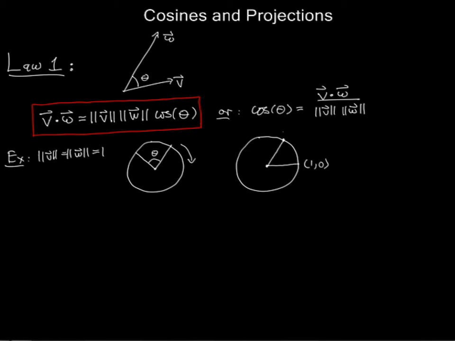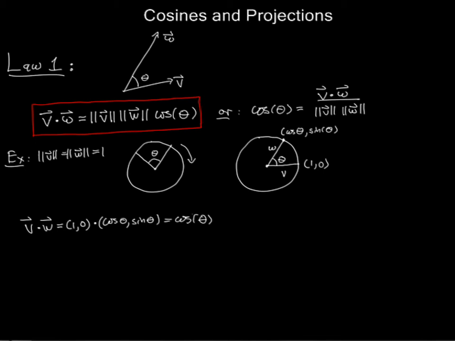And then the second vector will be at some point cosine theta, sine theta, where theta is the angle between those two vectors. And if you compute the dot product, you get 1, 0 dot cosine theta, sine theta. And that's cosine theta. So that's basically why this is true.